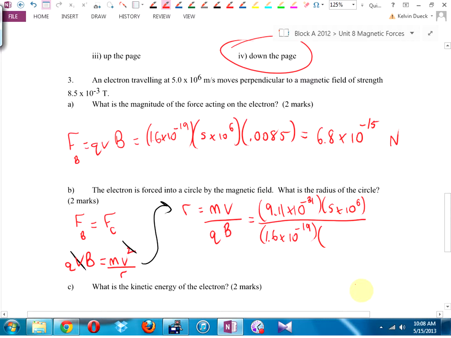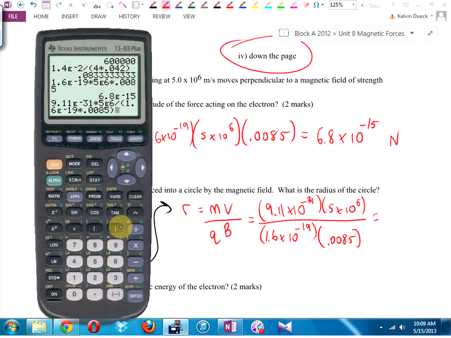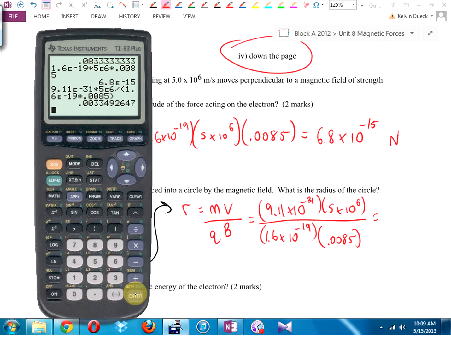Magnetic field, 0.0085. 9.11, negative 31 times 5, 6 divided by bracket 1.6 times 10 to the negative 19 times 0.0085. Double check that. Type that right. 9.11. Good. Yep, I'm good with that. Do you get 3.35 times 10 to the negative 3?